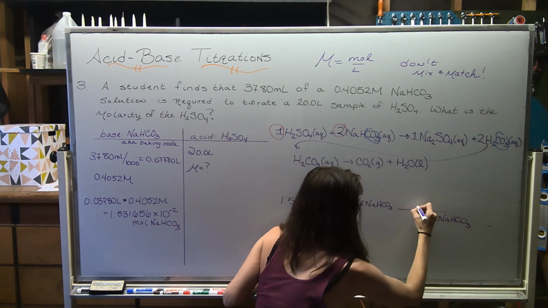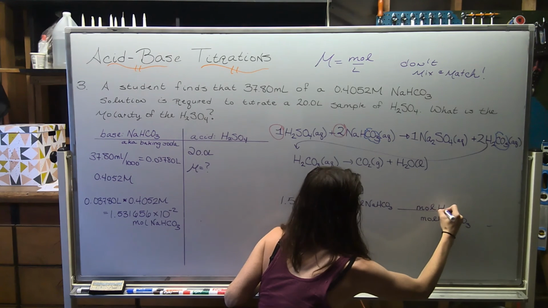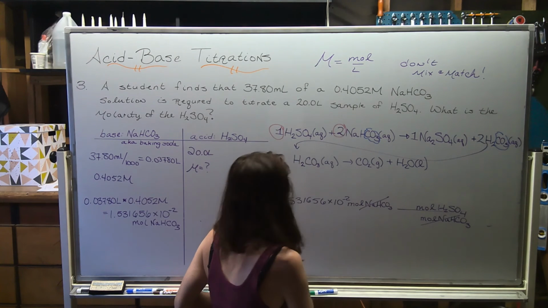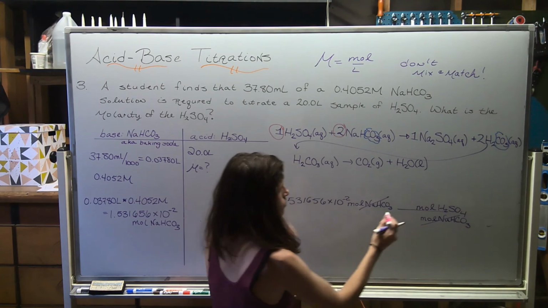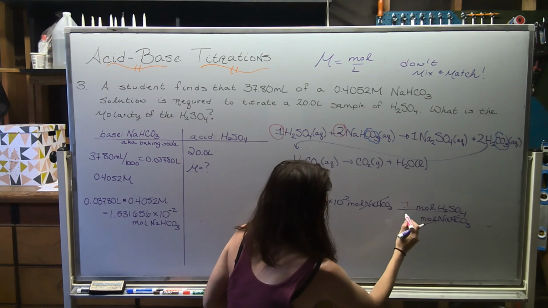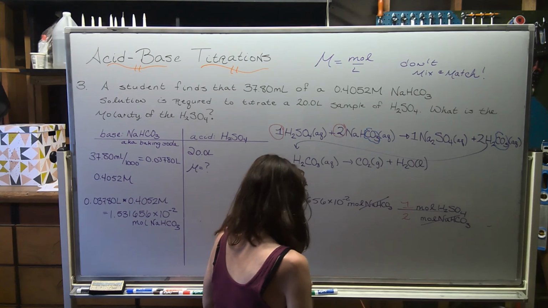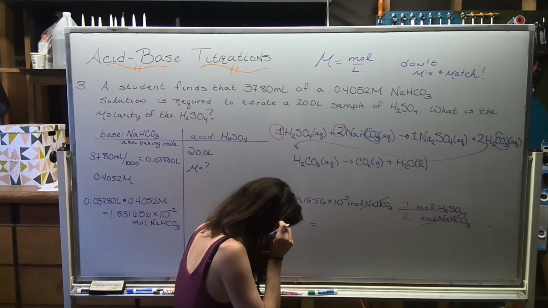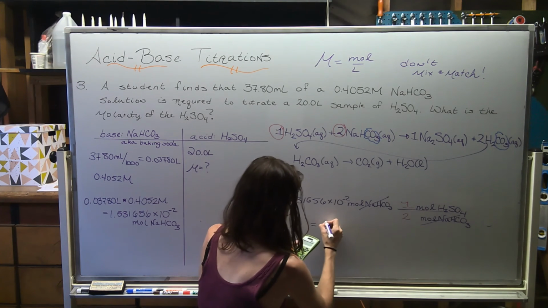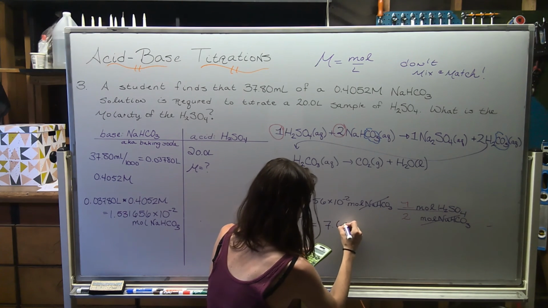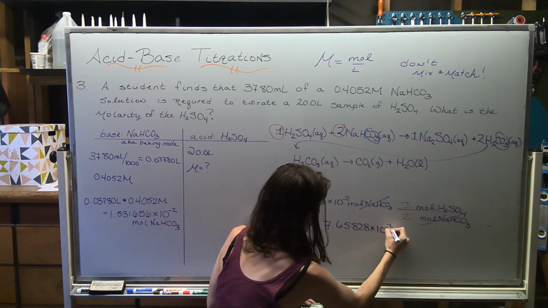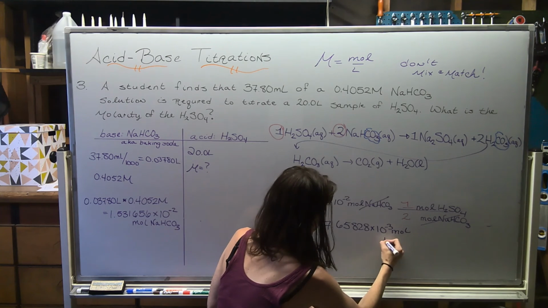I want to turn it into moles of sulfuric acid, so I'll put that in my numerator. There's a 1 associated with the sulfuric acid, I'm focusing on the top equation, and a 2 with the sodium bicarbonate. So when I divided that, I got 7.65828 times 10 to the negative 3rd moles of sulfuric acid.